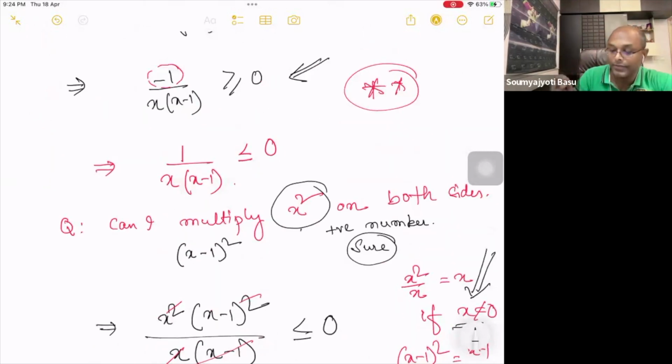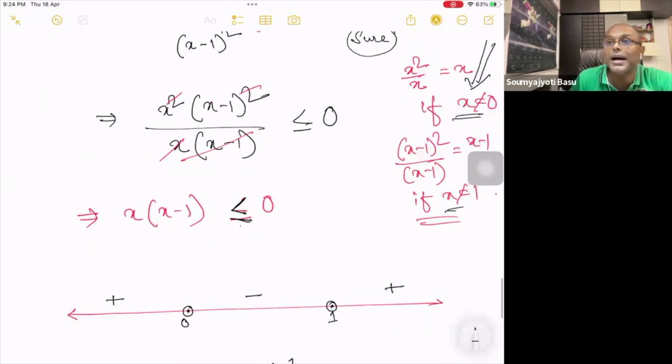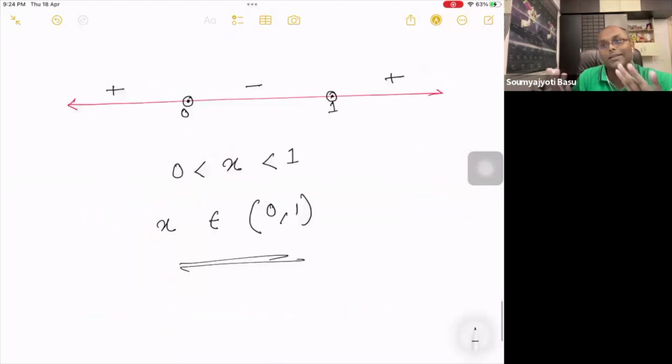And third, I had multiplied by the square of the number at the denominator so that the algebraic function becomes a polynomial function. That's a problem-solving technique that I have used. We would be using these techniques more in the subsequent problems, okay? I hope this one is clear to you.